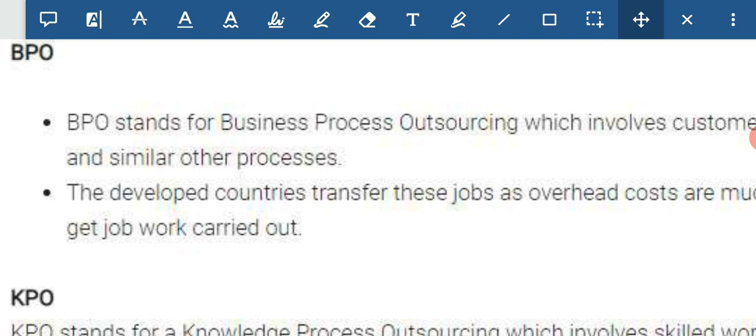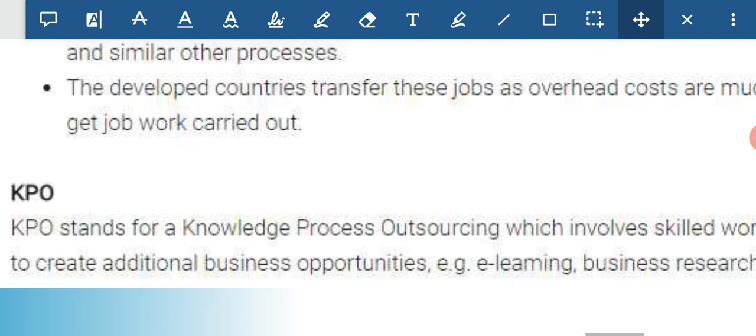If this is the way of doing the work, this is termed as business process outsourcing. The similar products of two different countries are collaborated, and for the betterment of the outside agency, they produce these things for the call centers of the developing nations. This is termed as business process outsourcing.